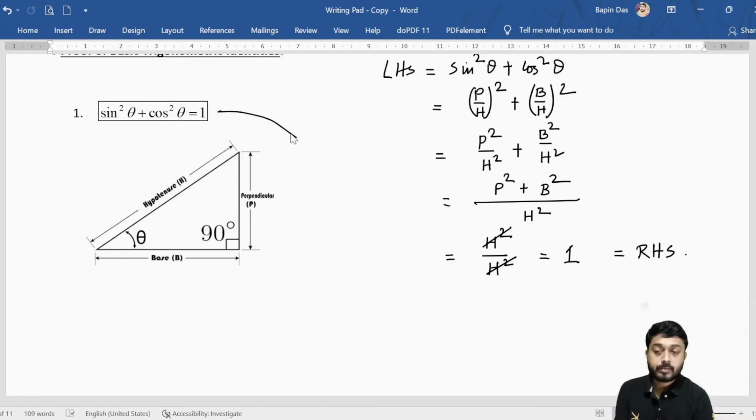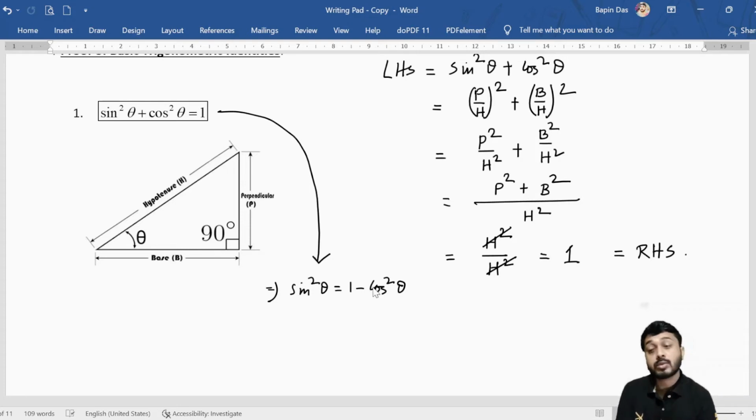Okay. From this relation we can write, by doing a side change, sin square theta is equal to 1 minus cos square theta. Yes, this thing is also going to come to your use. Okay, keep it noted. Sin square theta equal to 1 minus cos square theta, or you may also write cos square theta equal to 1 minus sin square theta, right?